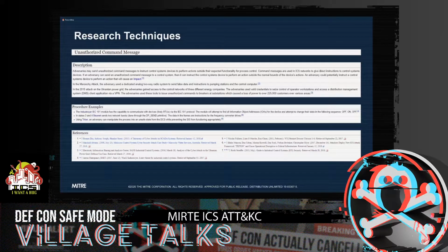And if that's not enough, we also have references. So you can dig even deeper into incident reports in order to understand exactly why an adversary used this technique and what they used it for. This really helps to build the story around what we're doing within our testbed environment.